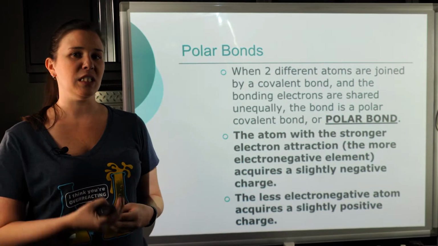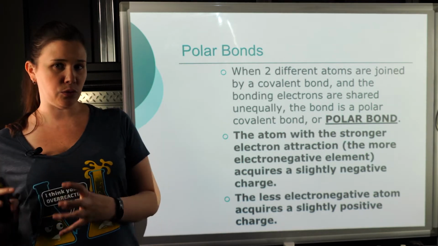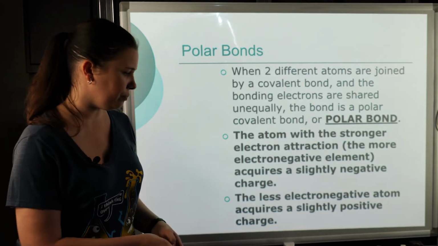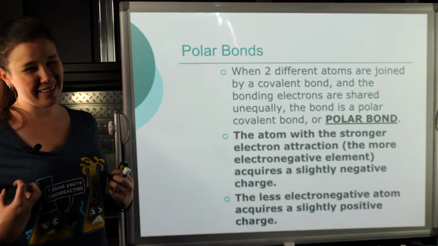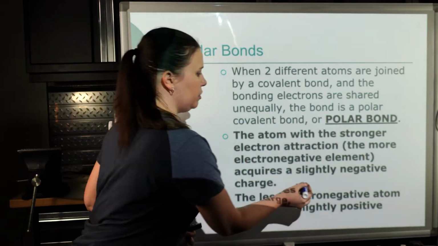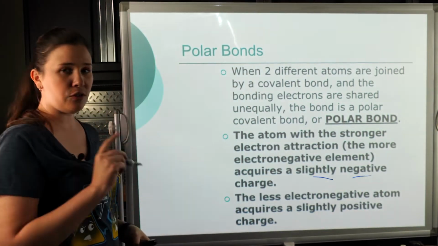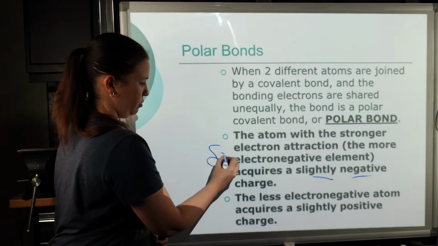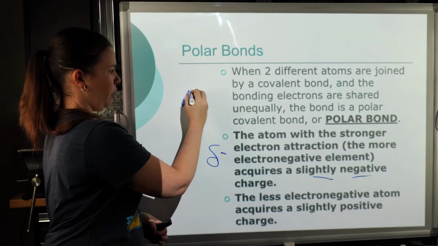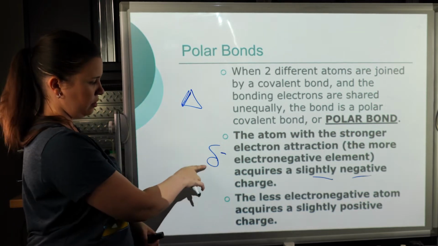Those electrons will then spend more time in those orbitals of the more electronegative atom. So what happens then is the atom that's pulling harder, that's winning that tug of war, is going to become slightly negative. And there's a symbol for that. This is the lowercase delta sign with the little negative. You may remember capital delta from math class.